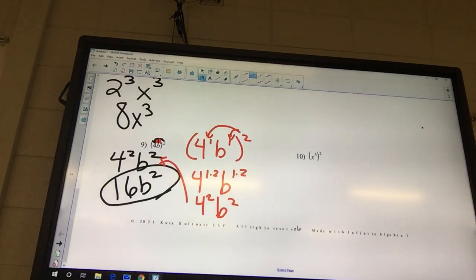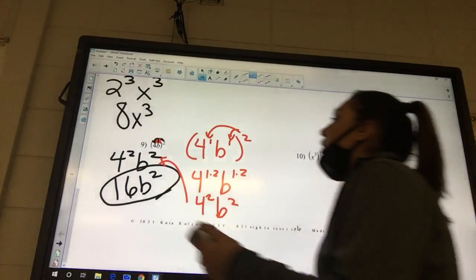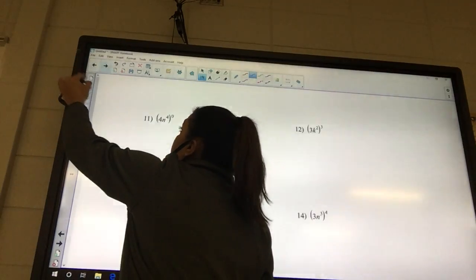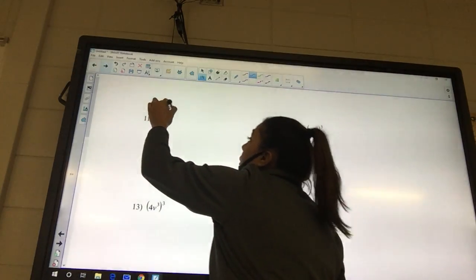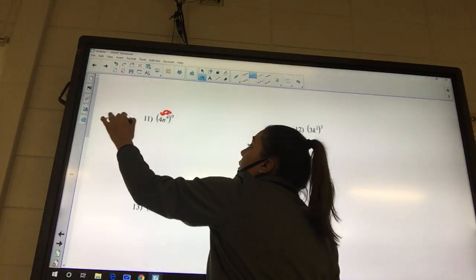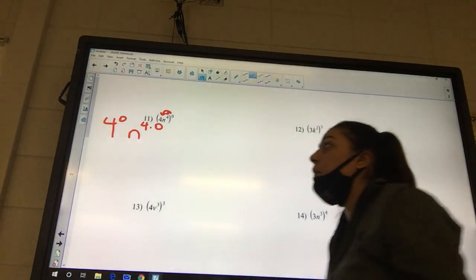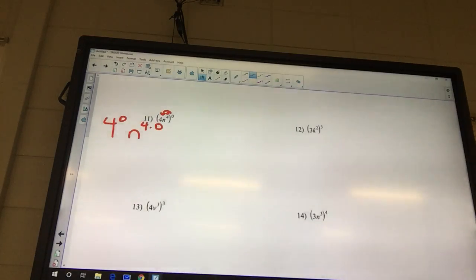When we go to the back page, okay, it's kind of set up the same. Okay, so let's look at the back. And these ones you're going to have to do the longer way. Okay, we're going to distribute this to each piece. So you're going to have 4 to the 0, n to the 4 times 0. Take a second. Look, see what I did.